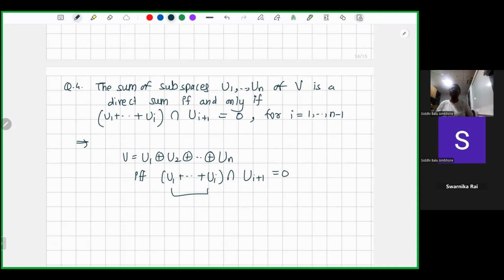This is not the direct sum plus. This is just basic addition. So what they are saying is when we add i many and then intersect with Ui+1, it will be 0. This 0 is the zero set. Okay, so let us try to understand. I hope this is okay.